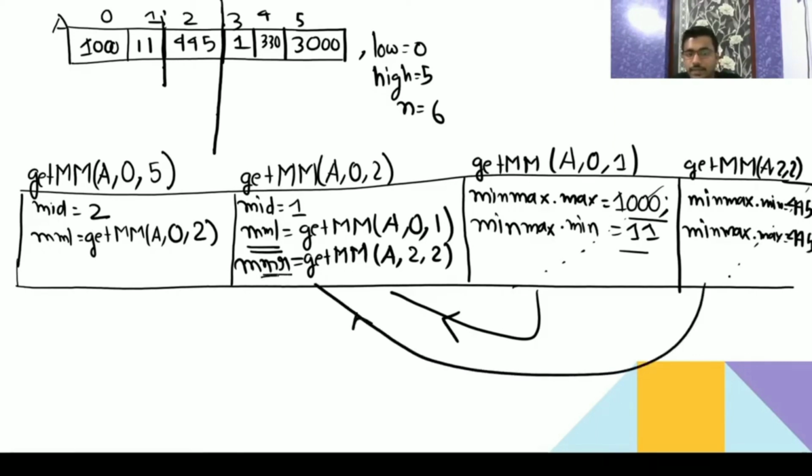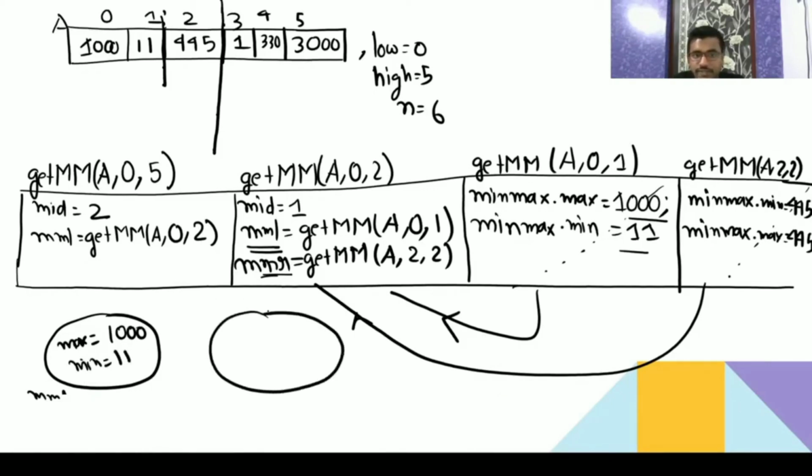Min max of the right hand side here. For this side, max is 1000 and min is 11. And this is a structure which has two values, max and min, so here max as well as min is the same, that is 445.